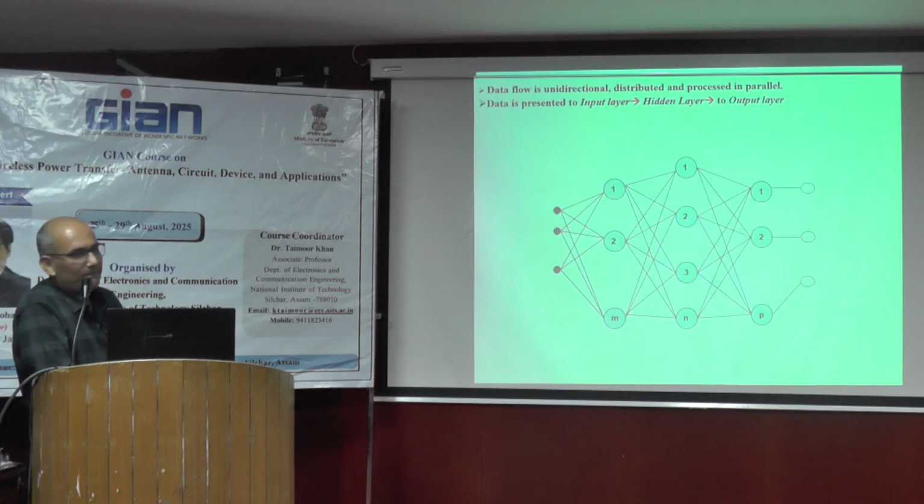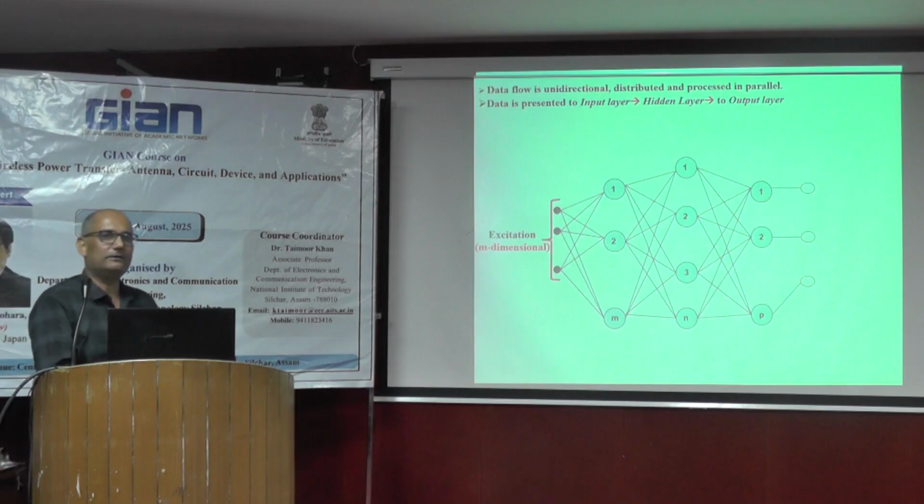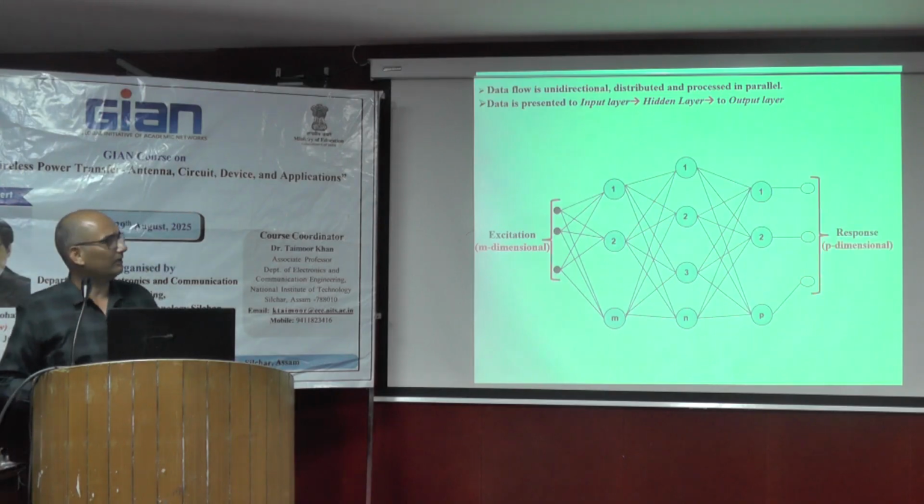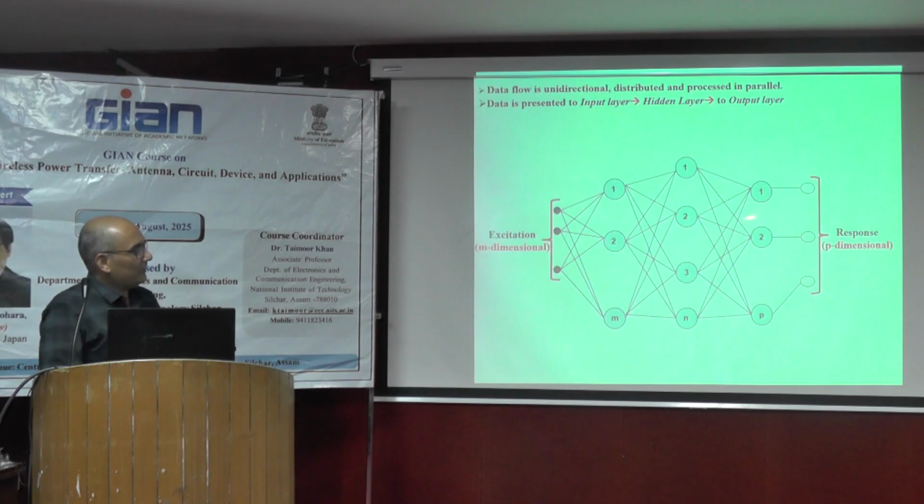It is distributed, meaning the data applied at one neuron will be distributed to all neurons, and processed in parallel. All neurons are processing the incoming data in parallel. That is, apply m-dimensional excitation to predict the p-dimensional response, because the dimensionality of the output layer will be the same as the dimensionality of the predicted response.